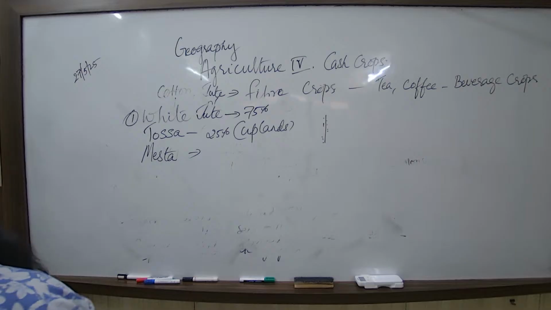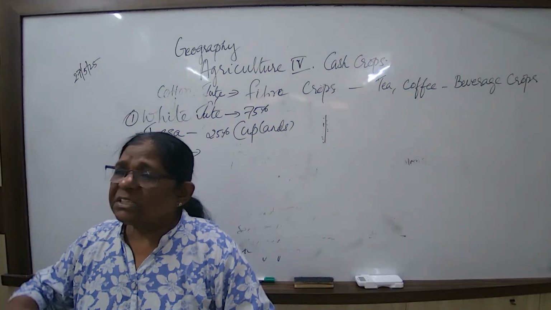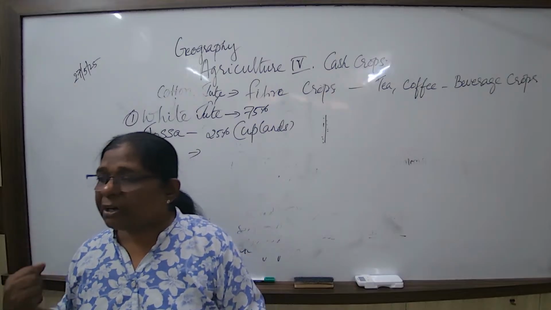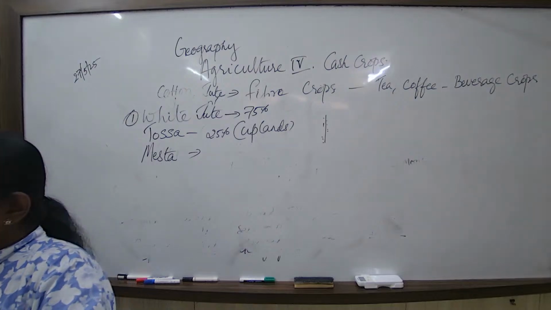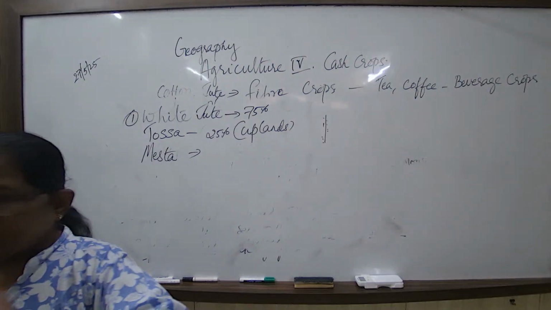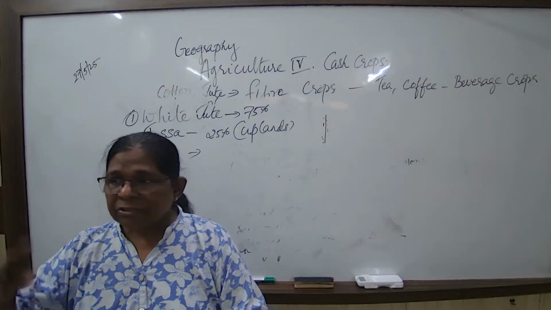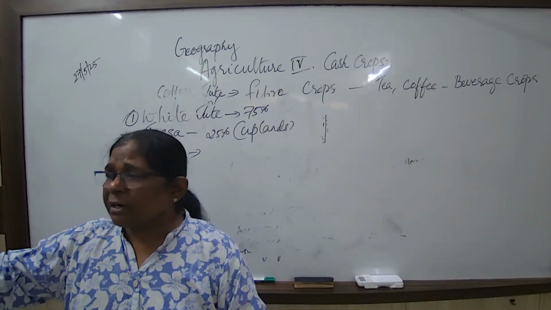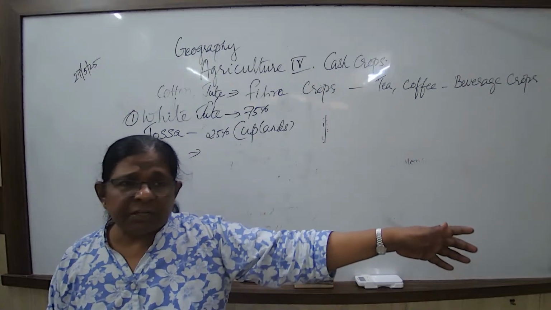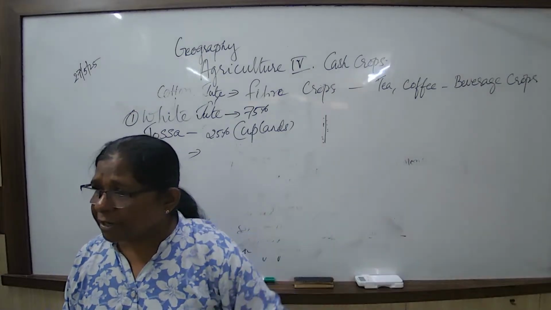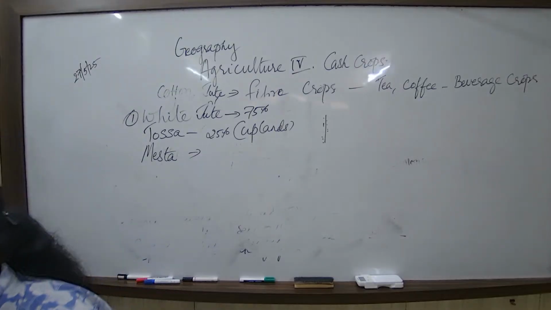One second example: if I go to the shop, I want to purchase a bag, a shoulder bag or carry bag, whatever it is. Very nice jute bags are available, in different colors and designs. But the bag's cost is 1,500, 2,000 like that. Will I purchase that? In the place of that, I will get one for 300 or 400. I can use it for a few months and afterwards I can throw it.